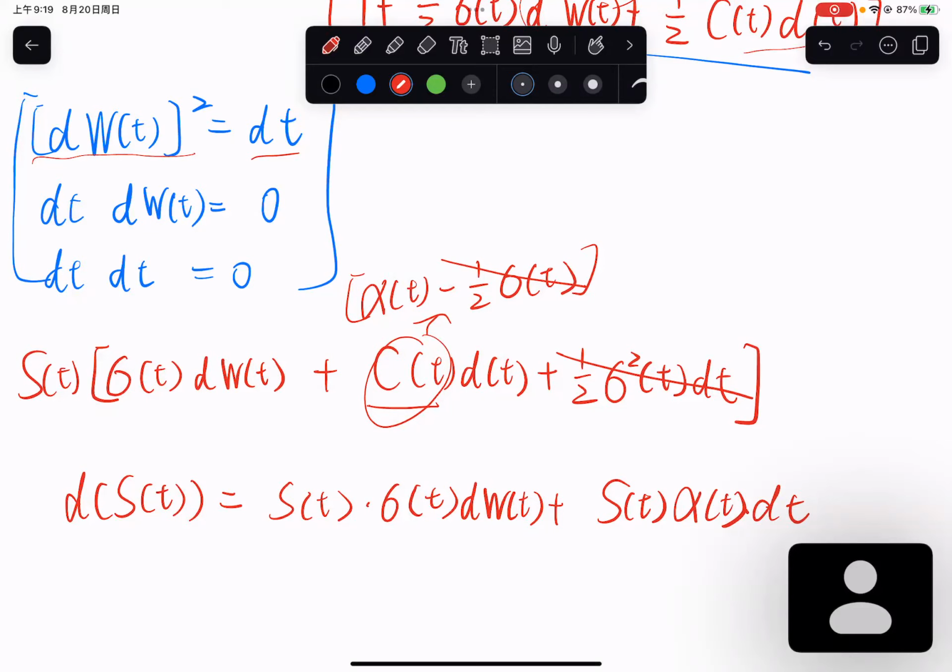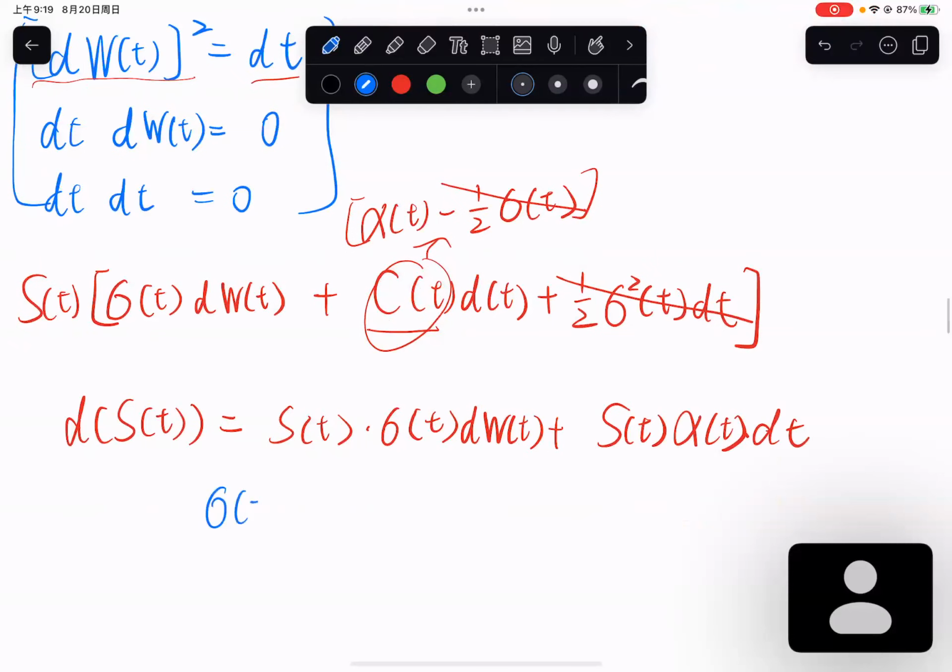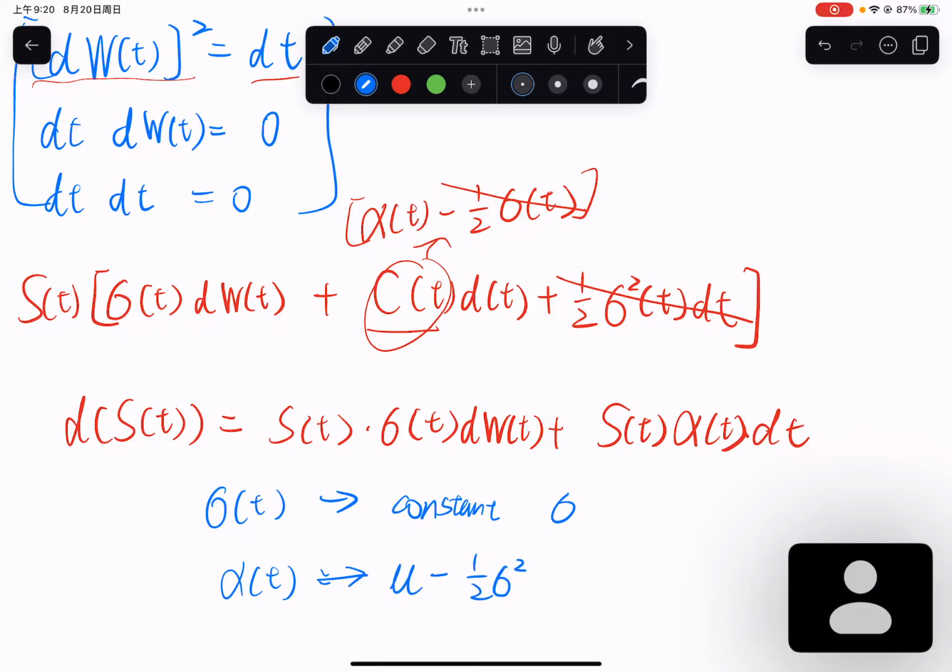But the interesting thing is that when we replace this sigma t, if we consider it as some kind of constant sigma, and alpha t as equal to mu minus 1 over 2 sigma squared, okay?